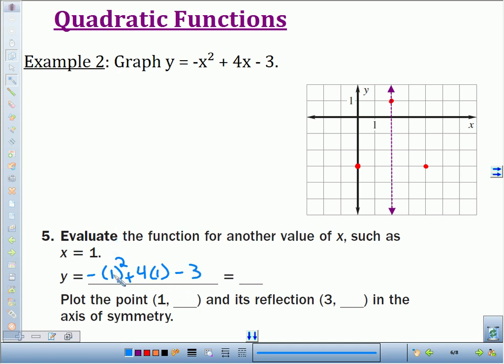Now we work it out. 1 squared is 1, so it's negative 1. Negative 1 plus 4 is 3. 3 minus 3 is 0. So I want to plot the point 1, 0. Right? Input, output. The input, what I put in for x was 1. The output that I got back was 0. So I'm going to plot the point 1, 0.